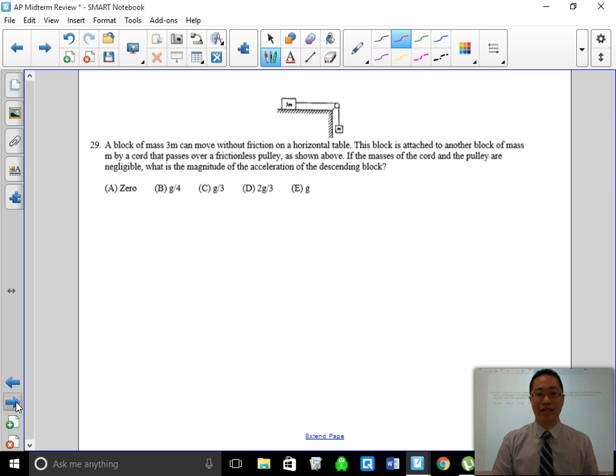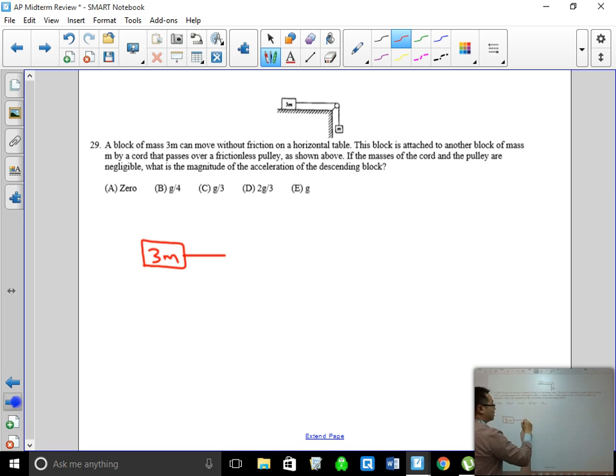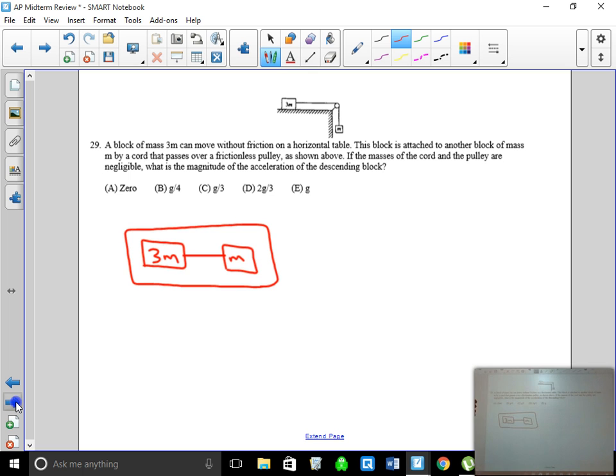Here we have a connected objects question. Okay, and with a connected objects question, it's easier if you always pretend that it's one object. So I'm going to take that 3m and connect it to the m and pretend it's just one object. And you have to say to yourself, what's pulling it forward? What's holding it back? So pulling this whole object forward, you have the weight of the small block. Because this weight over here is not on the axis of motion, it doesn't do anything.